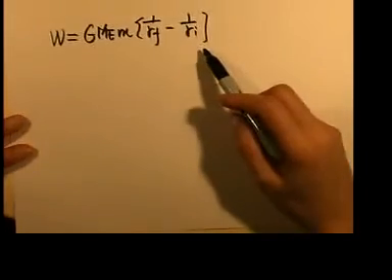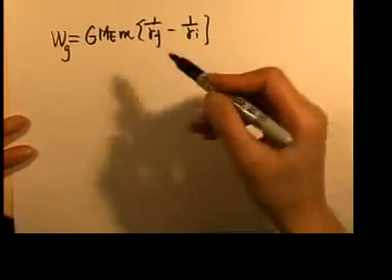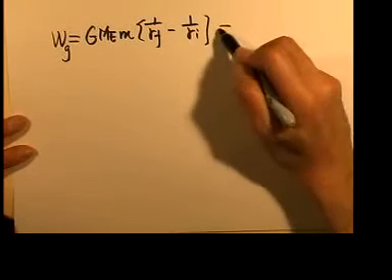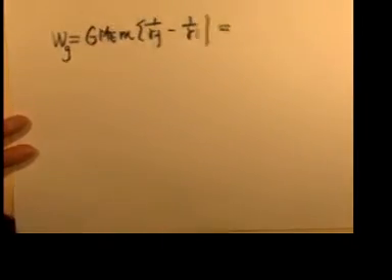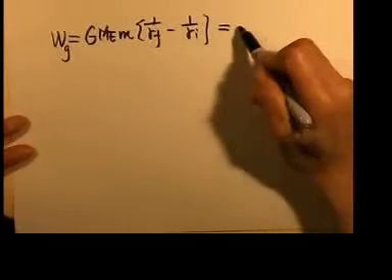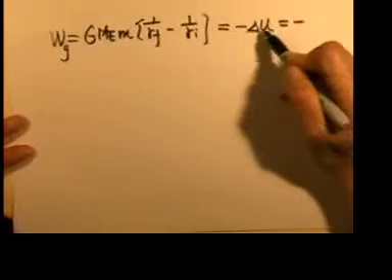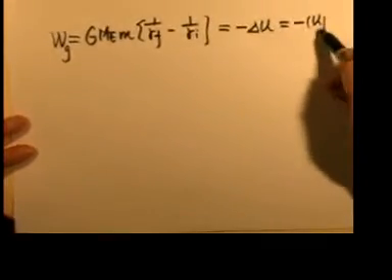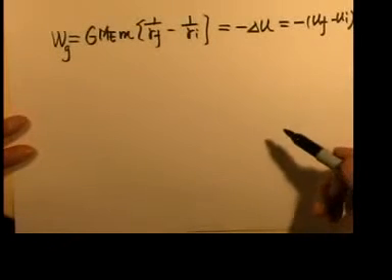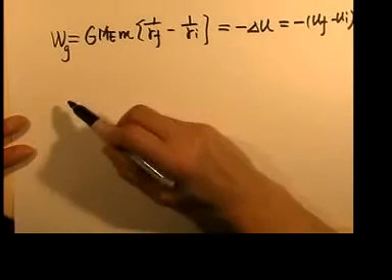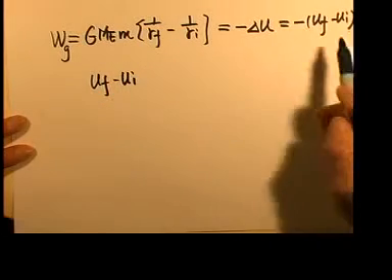This is what we just got. Work done by gravitational force equals that. Now, work done by a conservative force, according to what we learned, should equal the negative change of its potential energy, and change means potential energy final minus potential energy initial. So what does that mean? If we look at the final minus initial, there's a negative sign.